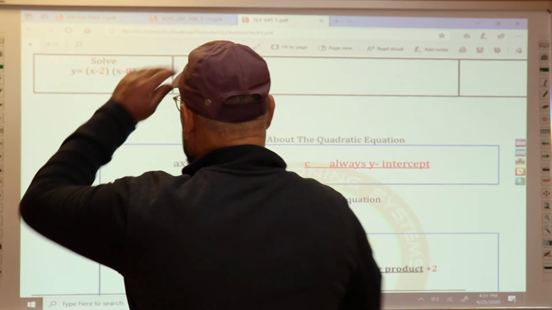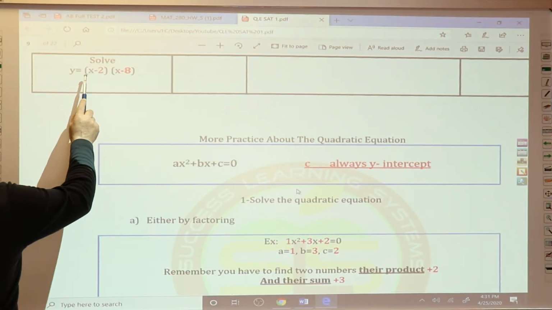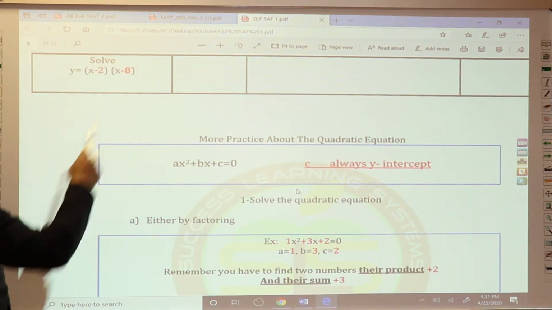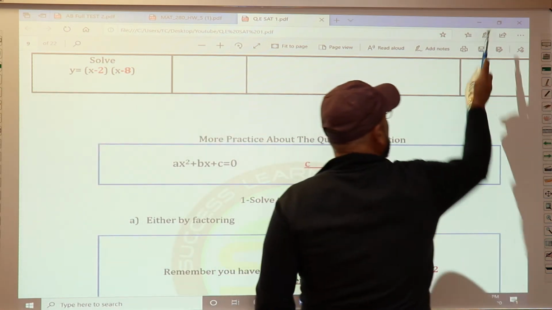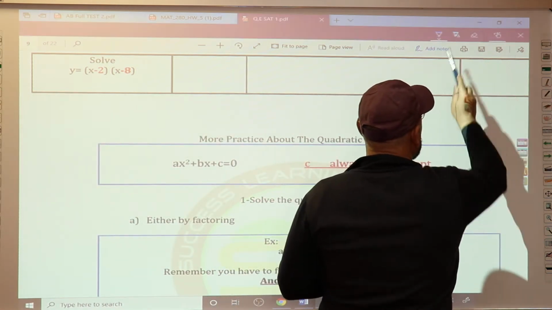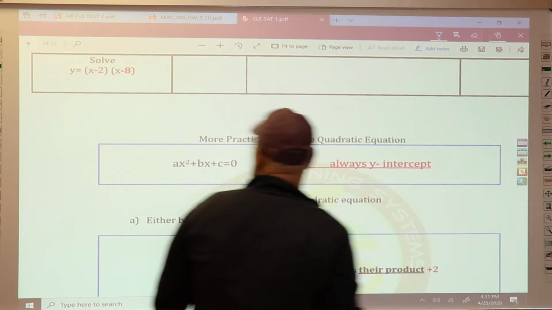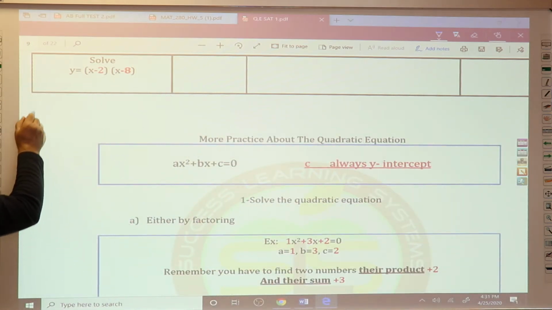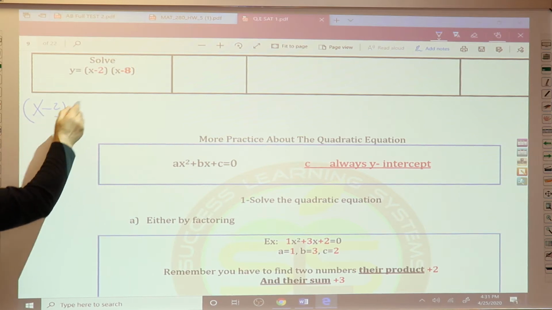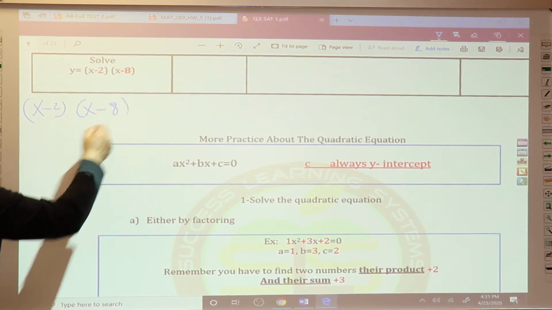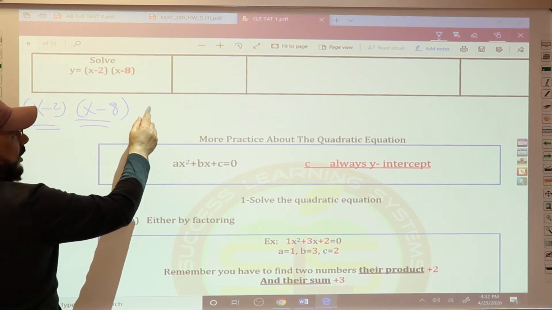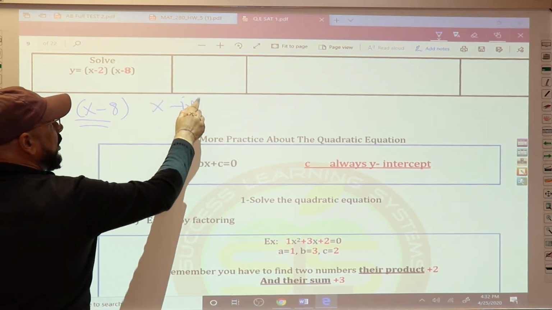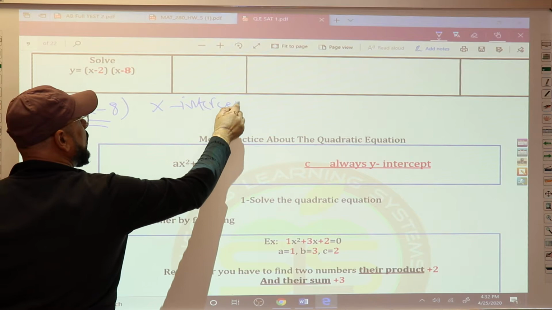Now, you remember this, what we have to do? We have 2 factors. Okay, we have here 2 factors, x minus 2 and x minus 8. These are my factors. My x-intercepts. What are my x-intercepts?